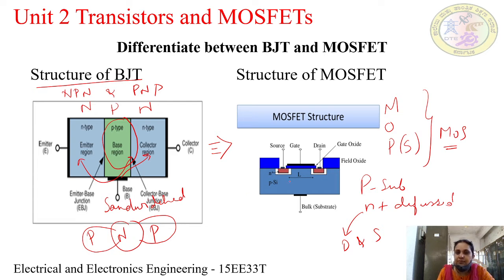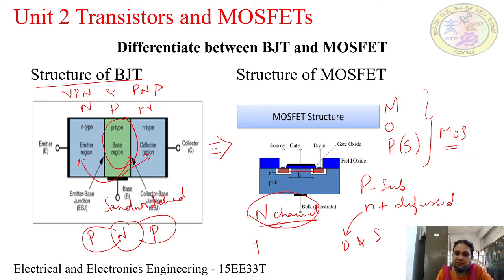So this is an N channel MOSFET here. In the N channel, the current will be flowing from drain to source, only in the channel that is constructed here.